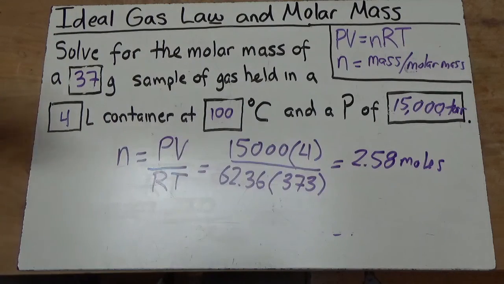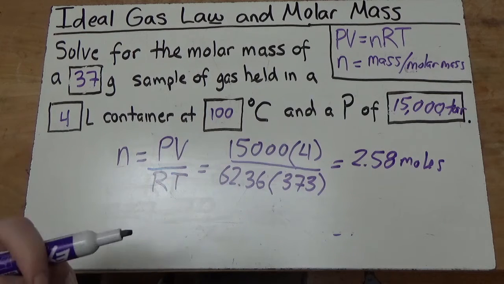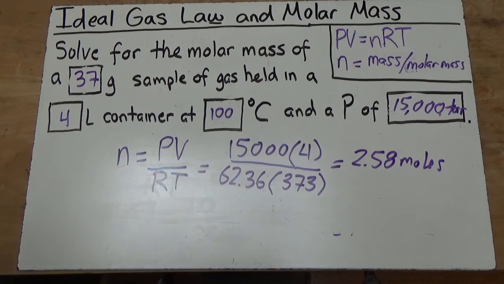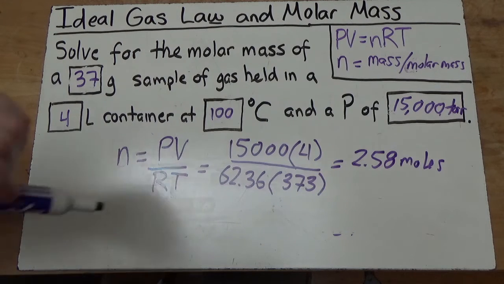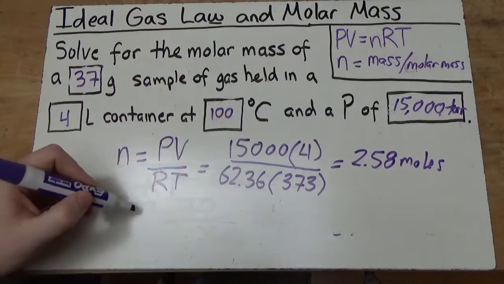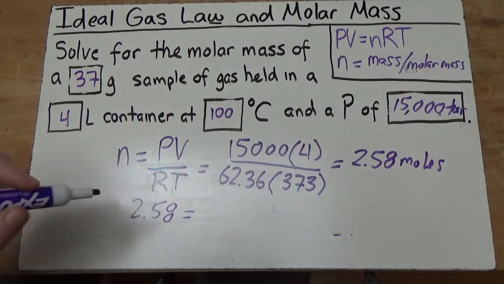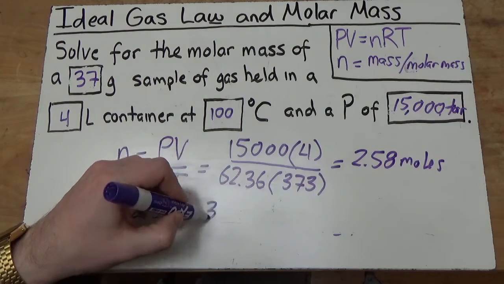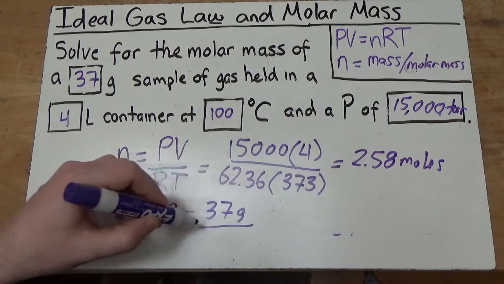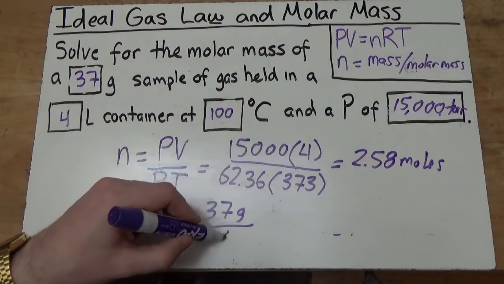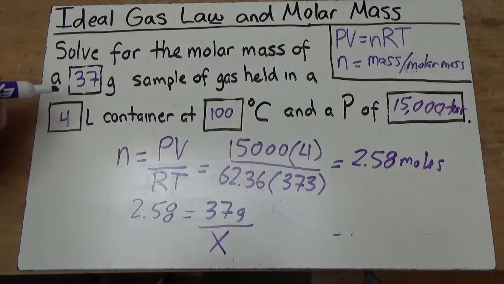Again, this is just the first half of the problem. This is a necessary step, but it is not the answer. See if you can figure out what the answer is now. That's right. We're going to use this equation here. 2.58 moles is equivalent to this 37 grams that we started with divided by whatever the molar mass is, which we don't know.